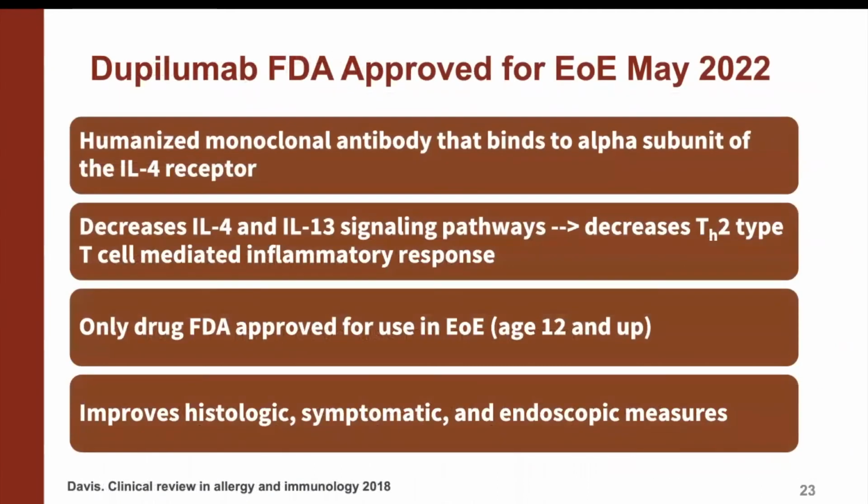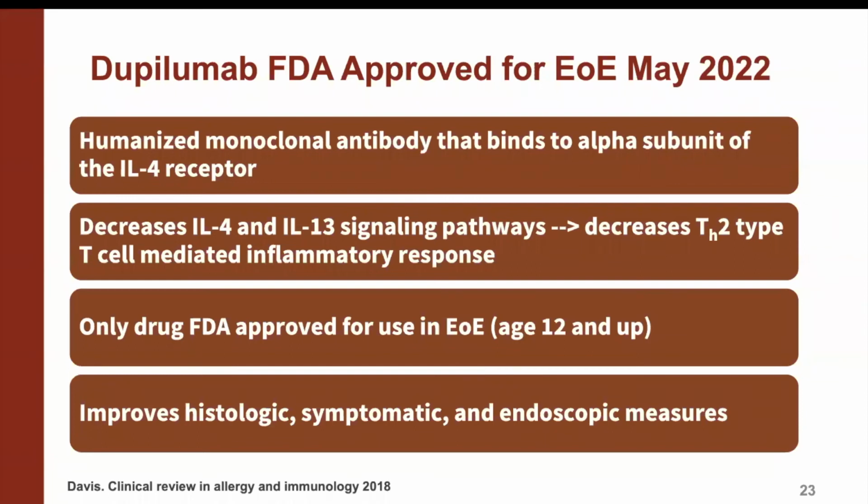And so the last of the treatments I'll go over is the biologic dupilumab. And this was approved back in May of this year. It's a humanized monoclonal antibody that binds to the alpha subunit of the interleukin 4 receptor. And so it decreases the signaling pathways of interleukin 4 and interleukin 13.